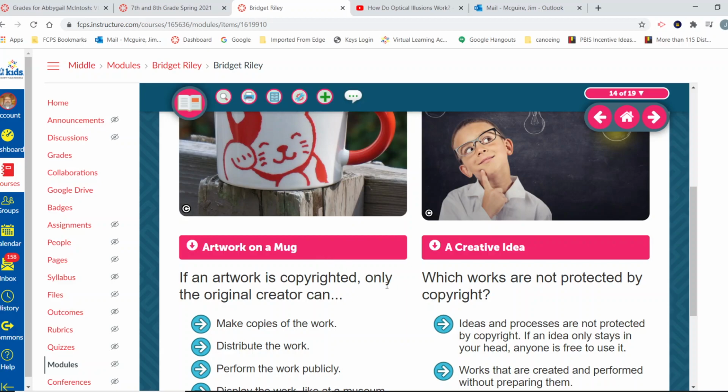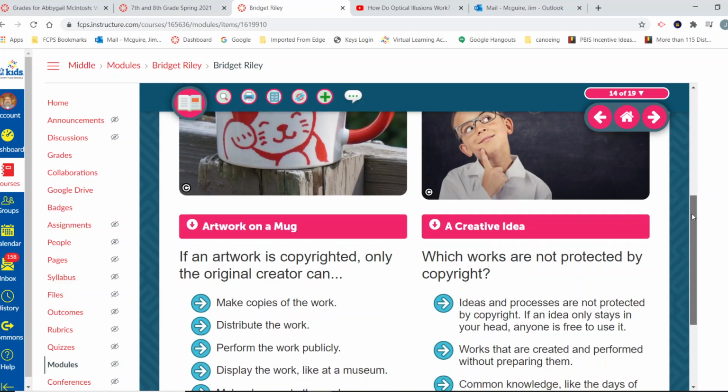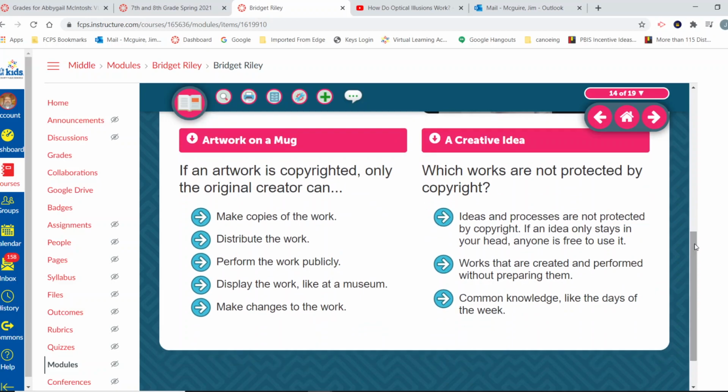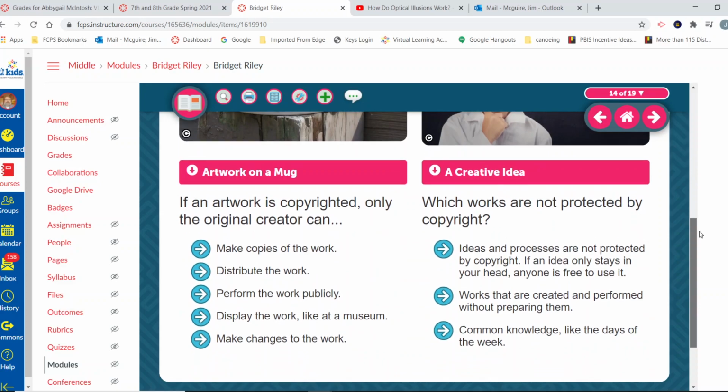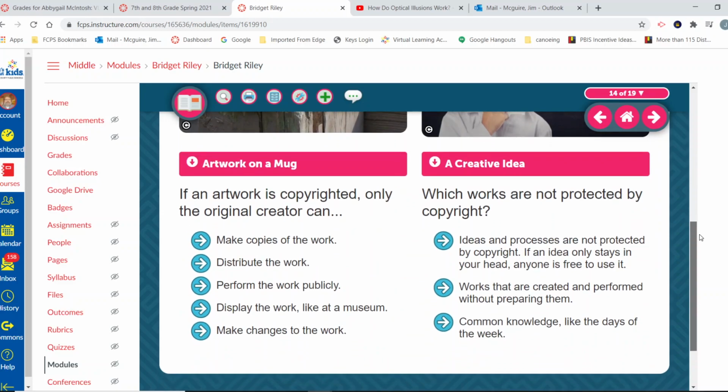If an artwork is copyrighted, only the original artist can use that work. Only they can make copies of it, only they can distribute it, only they can perform that work publicly or display it publicly, and only they can make changes to that work. However, there's a lot of stuff that artists do and think about doing that's just not protected. Ideas and process aren't protected.